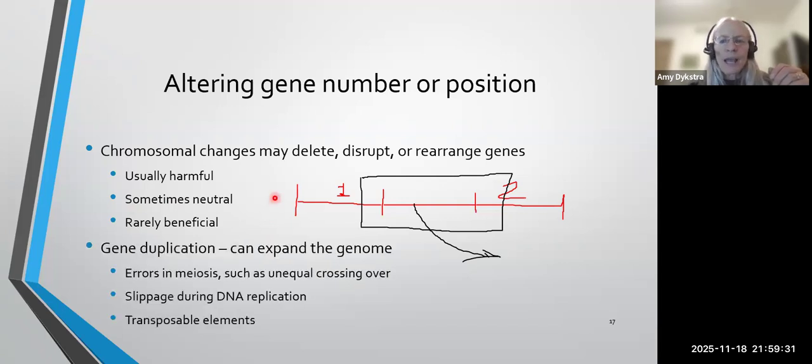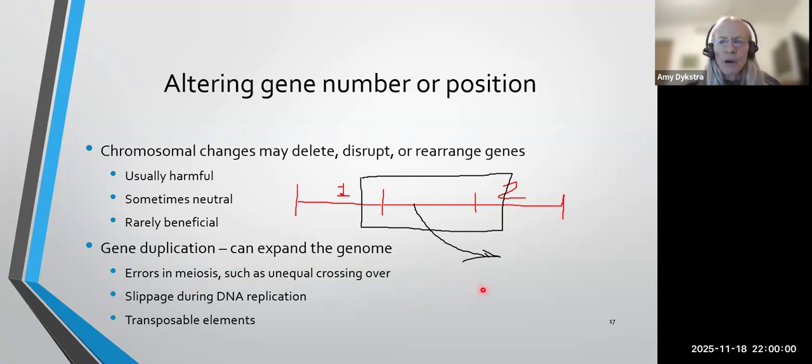Gene duplications is when genes are copied. And again, this is often harmful to have extra DNA, but if it's not harmful, it can end up expanding the genome and providing more variation on which evolution can act. So, how can gene duplications happen? Sometimes there's errors in meiosis.